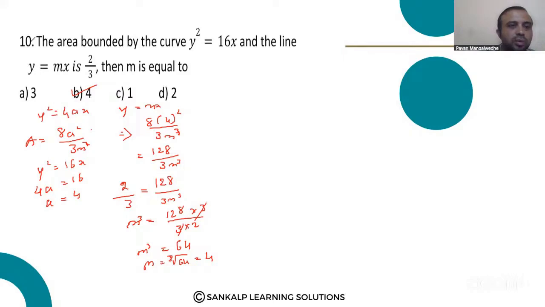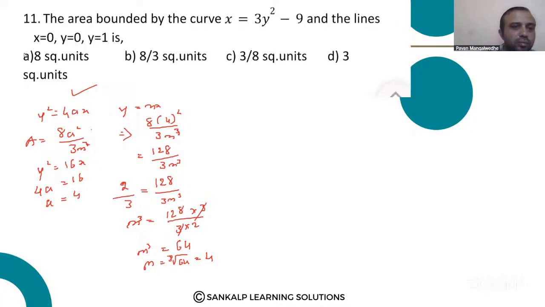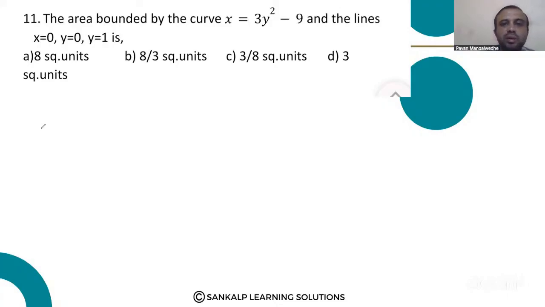Stepping to the next one. 11th one. The area bounded by the curve x is equal to 3y square minus 9, and the lines x is equal to 0, y is equal to 0, and y is equal to 1 is what?